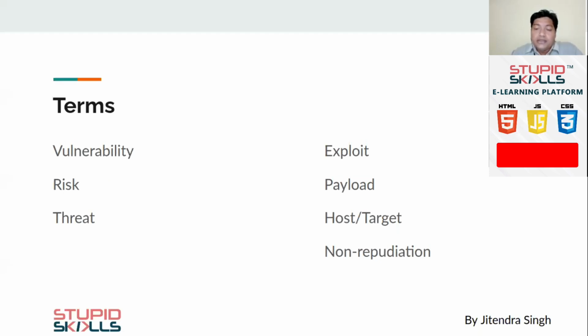Similarly, there are various tasks electronically that a user performs, and it is tagged along with some kind of digital information, which the person cannot deny, saying that I did not do this. So it's a very important term. Every one of us should keep it in mind. So that's with the terms.